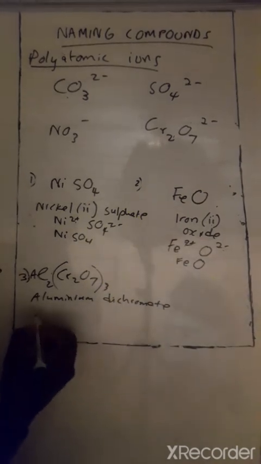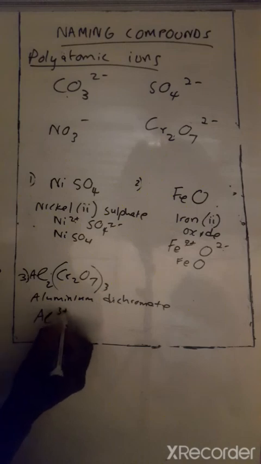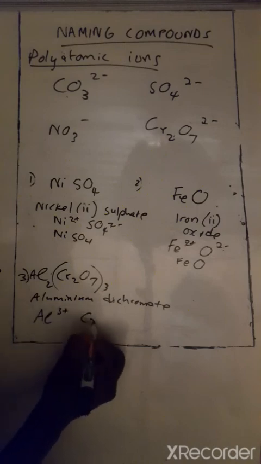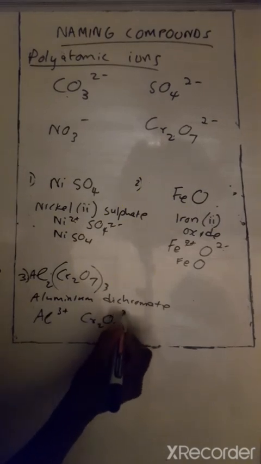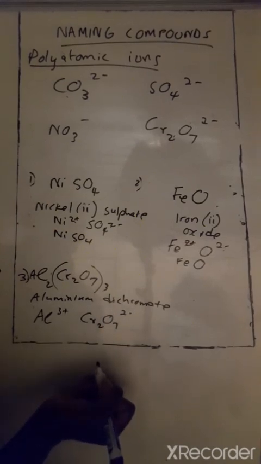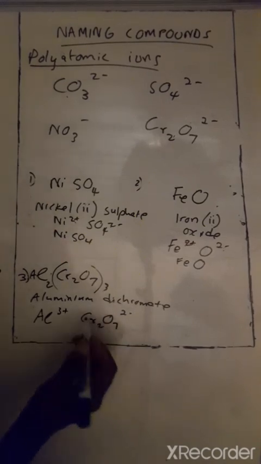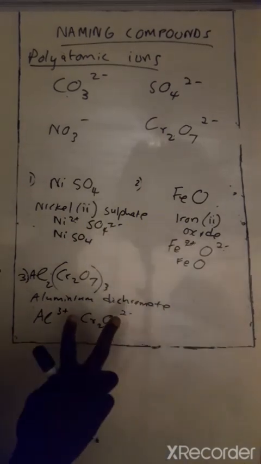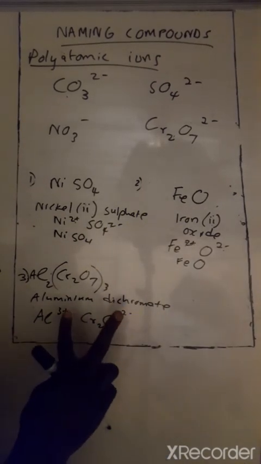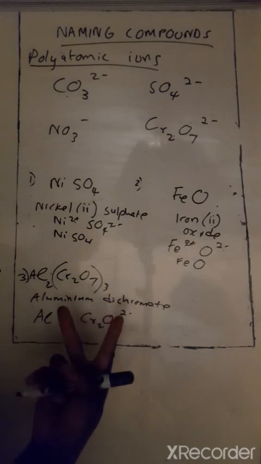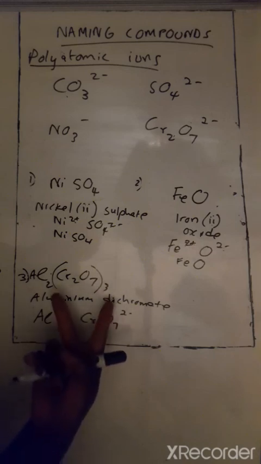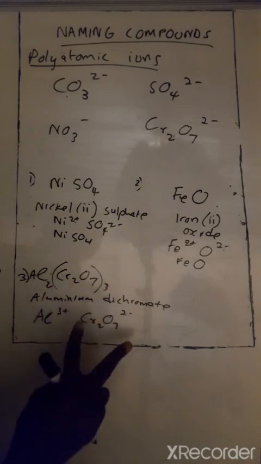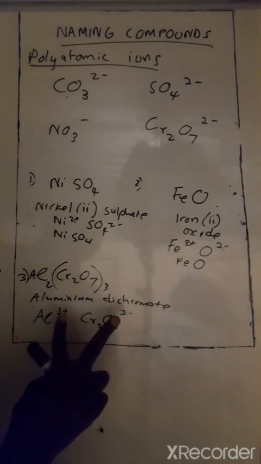Let's look at this one. It's Al3 plus and dichromate ion 2 minus. You have many options here. You can swap them like this, and you expect your 3 to be this side now. 3 this side, 2 this side.